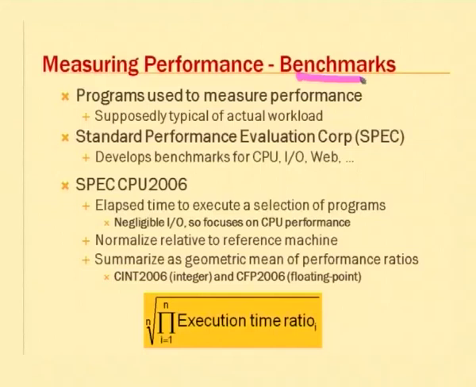Normally we have a standard called the Standard Performance Evaluation Corporation, a consortium of different industries which comes up with this standard. They develop benchmarks for various operations: CPU, IO, web operations and so on. You calculate the execution time of the various programs in the benchmark, and you take an average of those values to identify the actual performance of a machine.